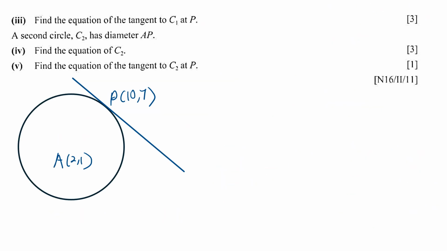Right, so let's look at part 3 of the questions. For part 3, we're asked to find the equation of a tangent line at the point P. To find the equation of a tangent line, the general form of the equation of a straight line is y equals mx plus c. So I need to find the gradient, and I also need to find the value of c.